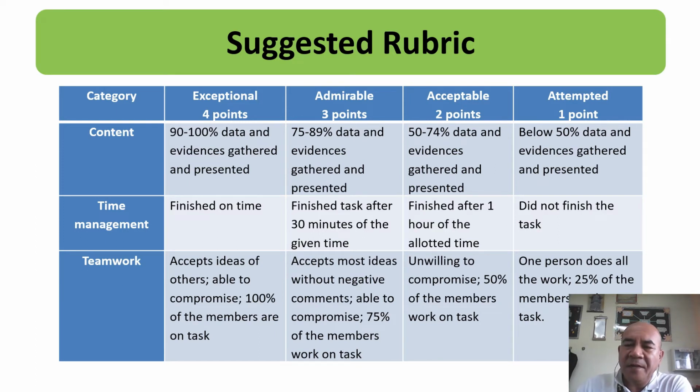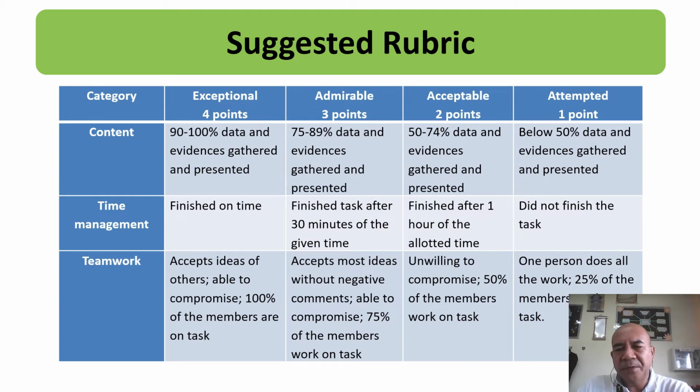If they did not finish the task, at least they have 1 point. And the last category is teamwork. If the group accepts ideas of others, is able to compromise, and 100% of the members are on task, meaning each one has a responsibility to do.